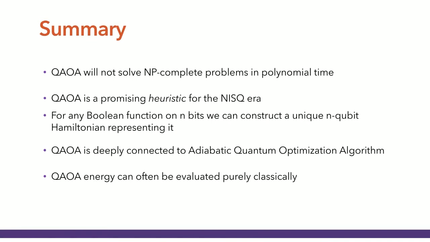For any Boolean function on n qubits, we can construct the corresponding Hamiltonian, and therefore we can solve it using QAOA. QAOA has a deep connection to the adiabatic quantum algorithm, which can sometimes be helpful and can sometimes be misleading. And finally, we can often train QAOA parameters purely classically in simulation.